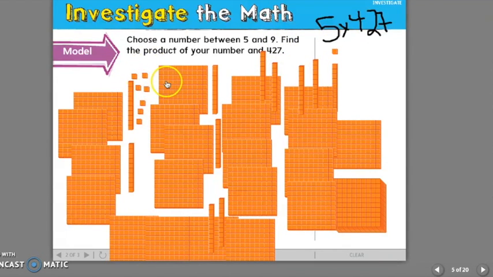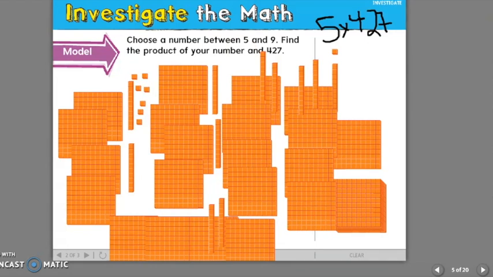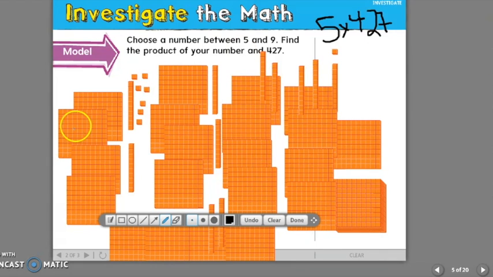So I know that I have 7 plus 7 plus 7 plus 7 plus 7 ones. So that's 7. I'm going to write my ones here. I have 7 ones here, 7 ones here, 7 ones here, and 7 ones in this group, and 7 ones in this group. So I know that's 7, 14, 21, 28, and 7 times 5 is going to give me 35 ones.